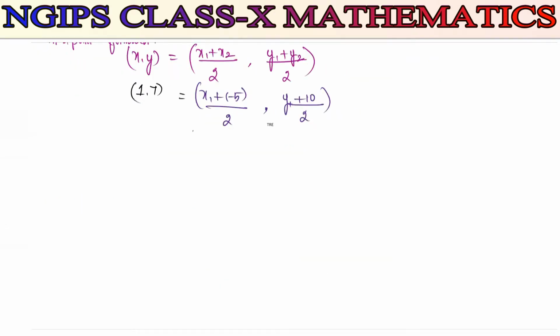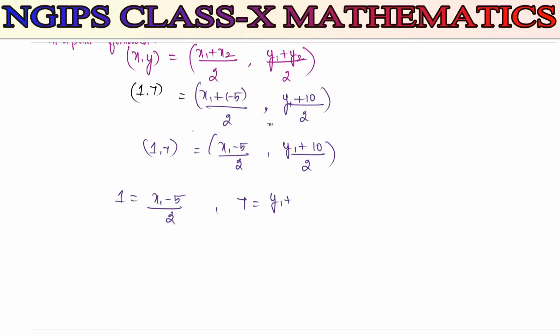Now here 1, 7 is equal to x1 minus 5 divided by 2, y1 plus 10 divided by 2. So when you equate the terms here, we get 1 equal to x1 minus 5 divided by 2, 7 equal to y1 plus 10 divided by 2.